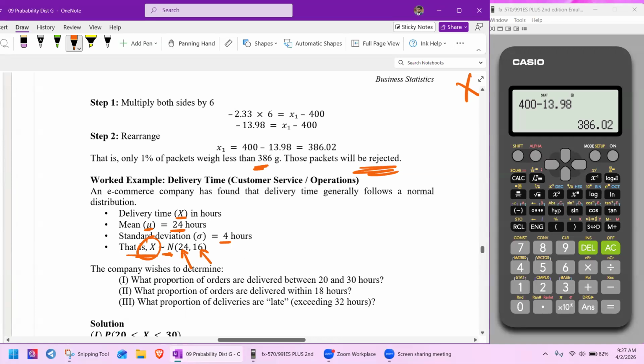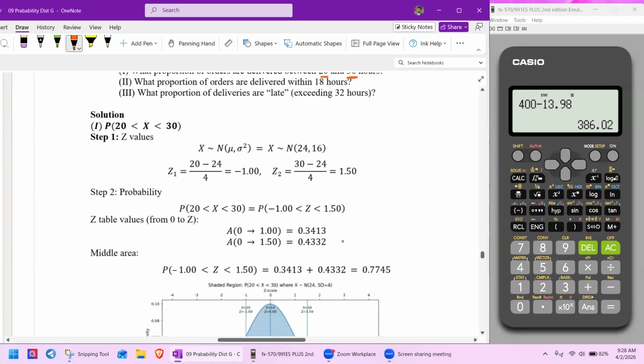The question is, the company wishes to determine what proportion of orders are delivered between 20 and 30 hours. We know that the mean is 24, and we have to find the probability between 20 and 30. It's very easy.